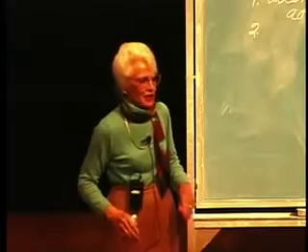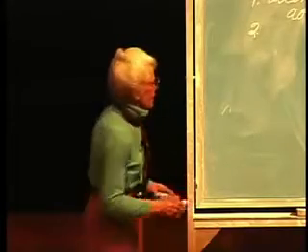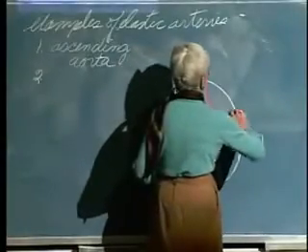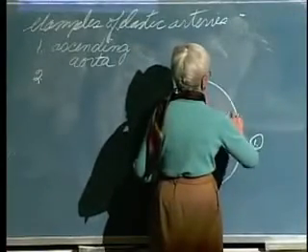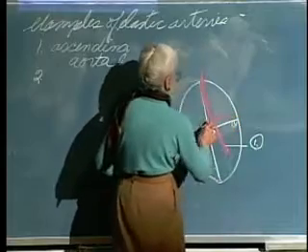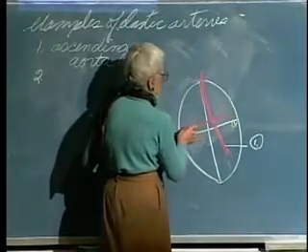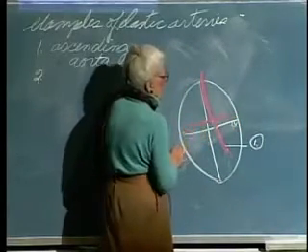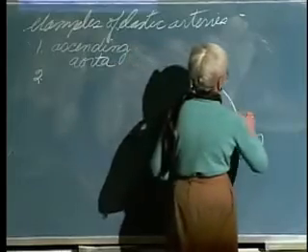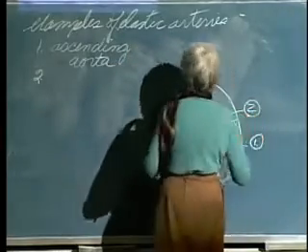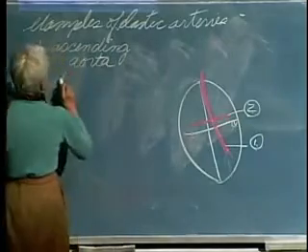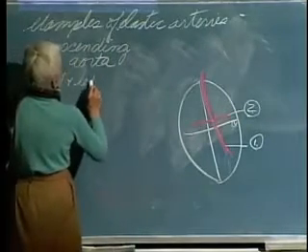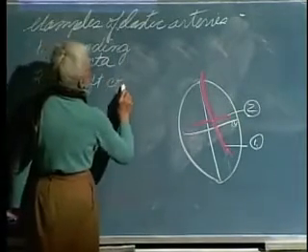The first branches off of the ascending aorta will be the right and left coronaries. We're just going to put them in here. So this will be number 2. Right and left coronaries.